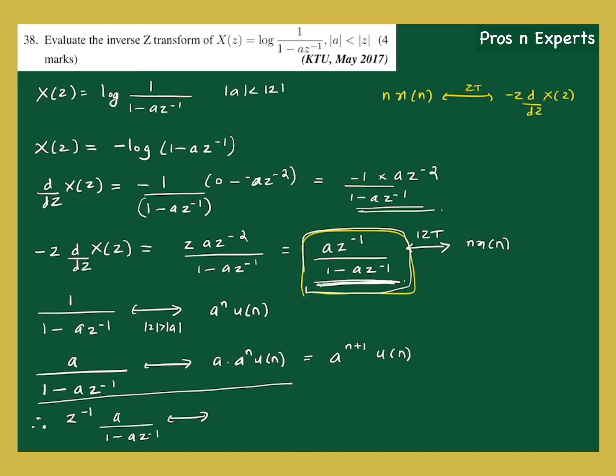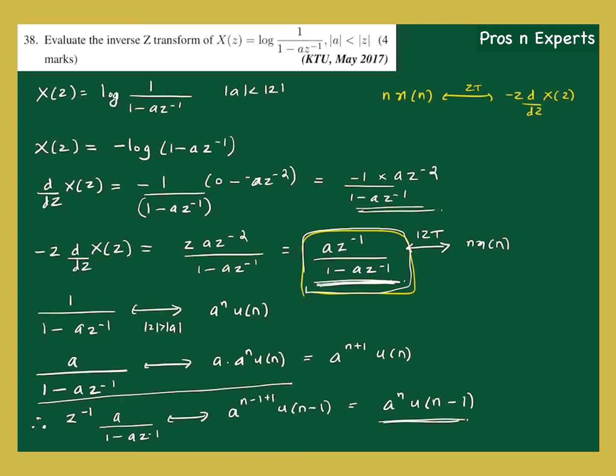It's from the time shift property. So the time shift property will give you a raised to n minus 1 plus 1 into u of n minus 1, which is equal to a raised to n u of n minus 1.